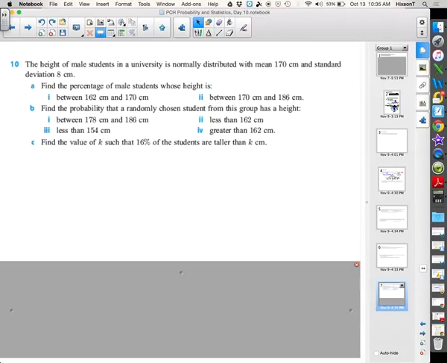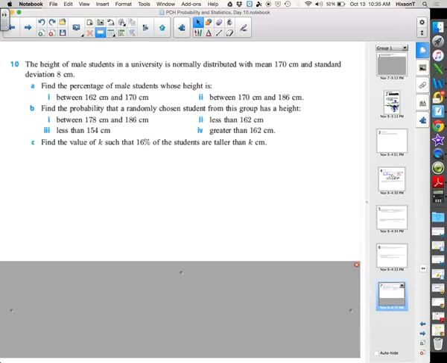Now, one thing I will ask before you get too far into this, Part A and Part B, what's the difference between what they're asking you to do in Part A and Part B? Probability versus percentage. They're asking you for a percentage in Part A, they're asking you for a probability in Part B. So what's the difference there? How we express the values?